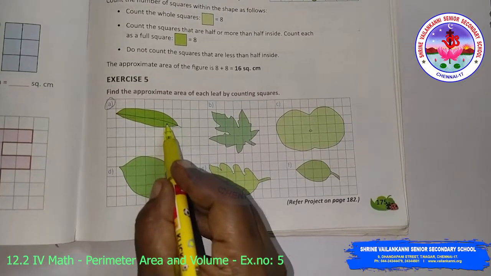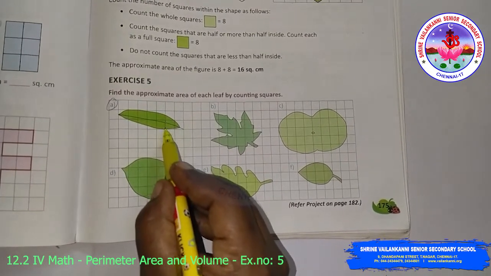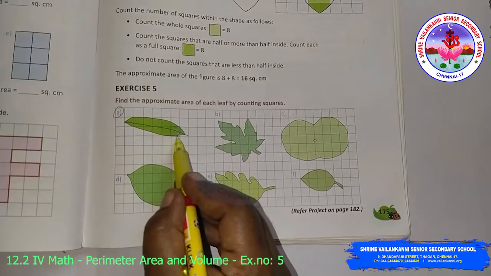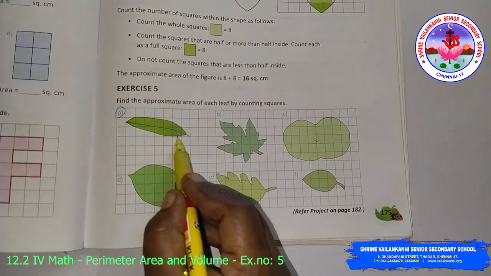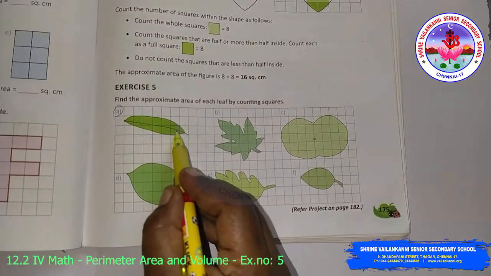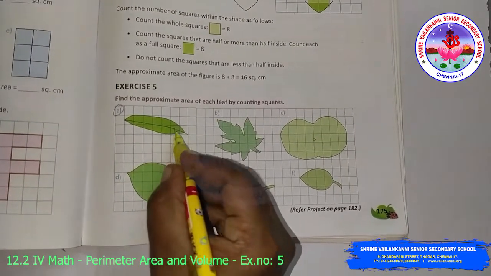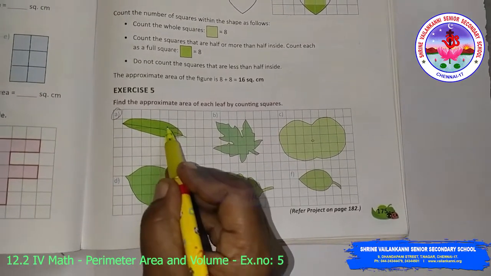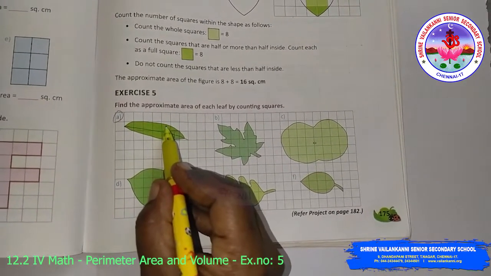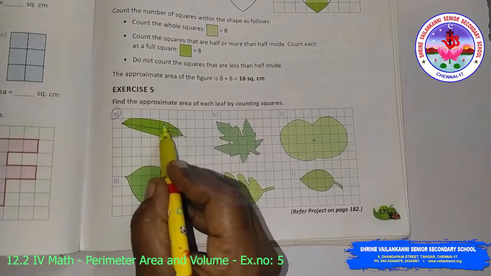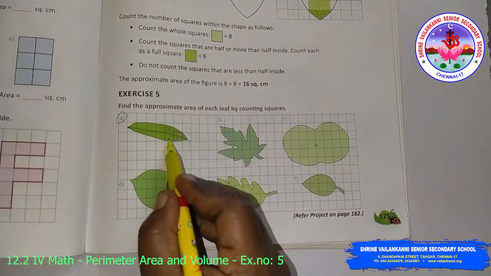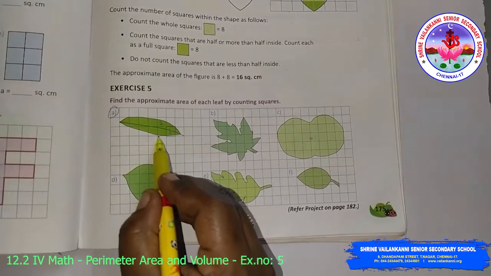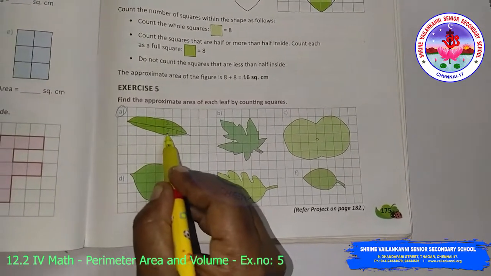The second box here: the maximum part of the square is shaded, more than half. So I am going to count it as 1. Next, this box is less than half. Next, this box is more than half shaded, so 2. This one has only a little not shaded, so I am counting it as 3.